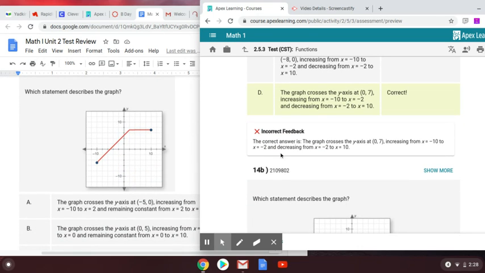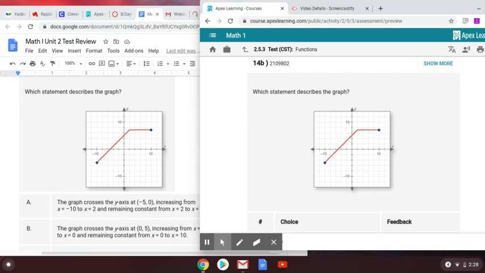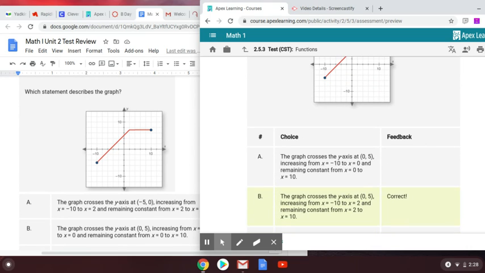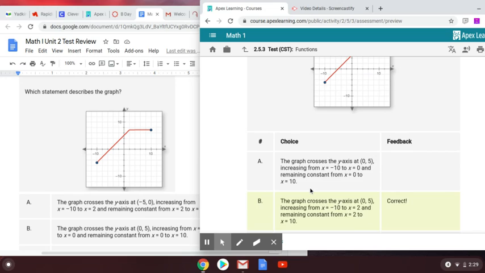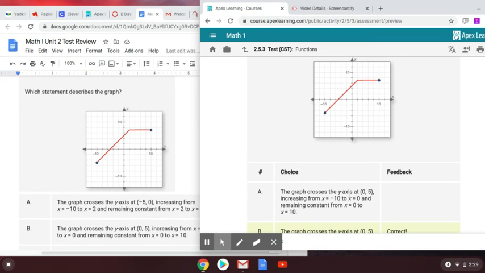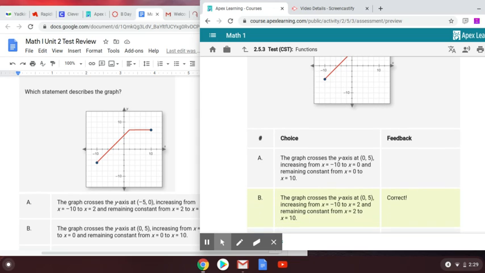14b, which statement describes the graph? Again, read each carefully. So if you read A first, remember these aren't all in the same order as the ones you're seeing. It mixes them up. The graph crosses the y-axis at 0, 5. Yep, that's true. It's increasing from -10 to x is equal to 0. No, it goes further than that this time. So we can eliminate that.